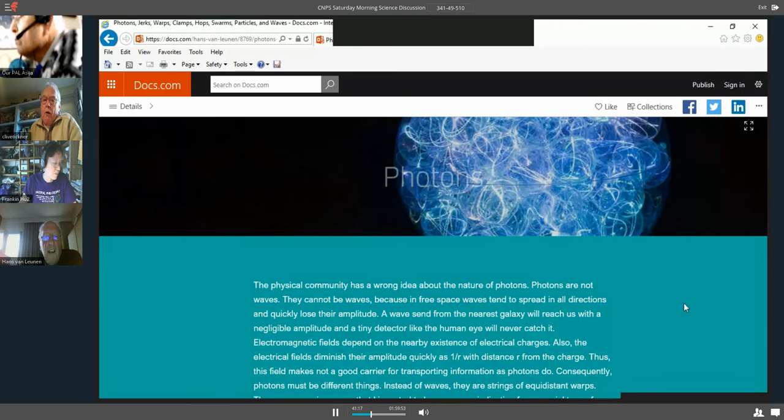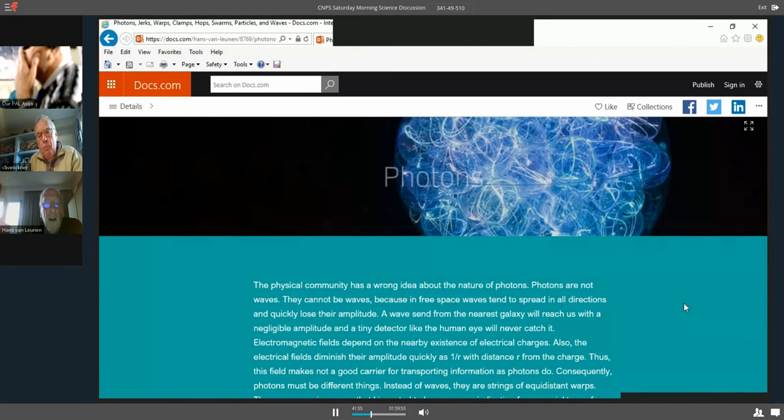I think they are two different things. I think you can use electromagnetic waves at very short frequencies, and because this is just the electromagnetic waves and the gravitational waves, then the photon is, in my opinion, those photons that can travel billions of light years are gravitational waves and not electromagnetic waves, because the electrical field needs electrical charges in the neighborhood, and in free space there are no electrical charges that can provide the electrical field.